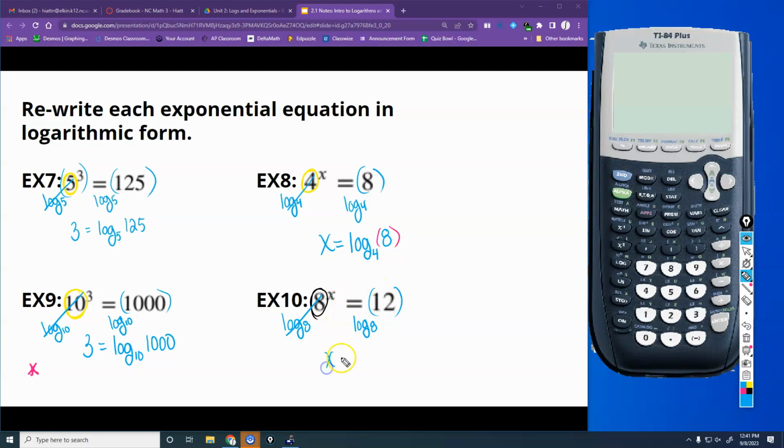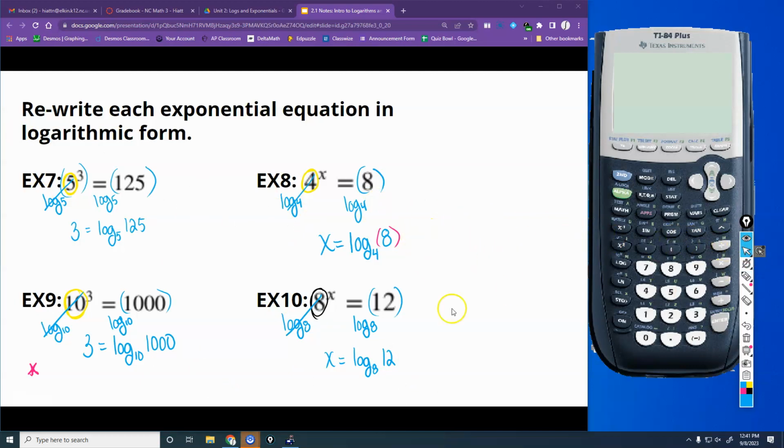So we got x equals log base 8 of 12. Okay, so to get rid of bases on exponents, we use logs. To get rid of bases on logs, we use exponents. Okay, questions so far?